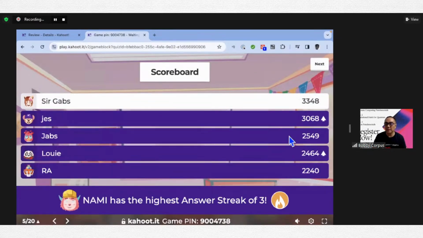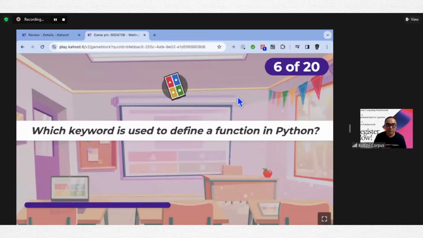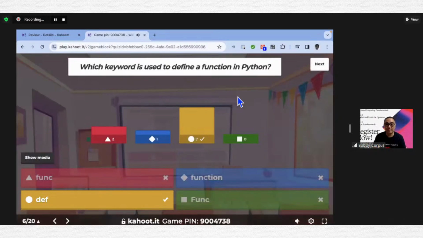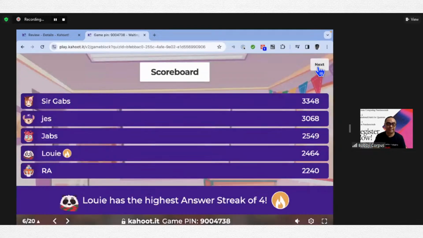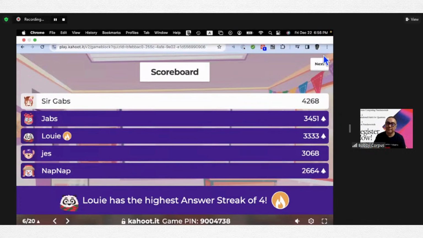So si Gabs pa rin is leading. Which keyword is used to define a function in Python? Simple. Everybody should be able to get that. Okay. So it's called def. Def. Okay. Mukhang constant tong mga to, ah.